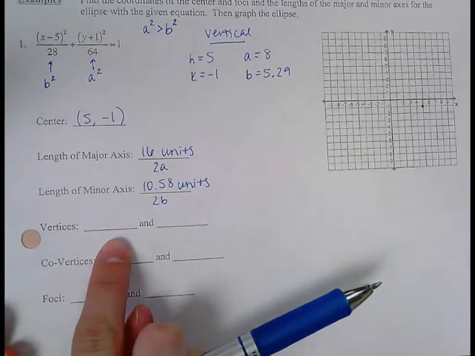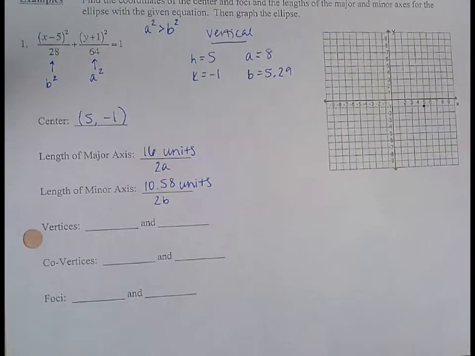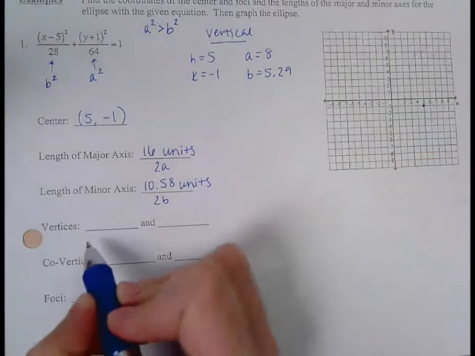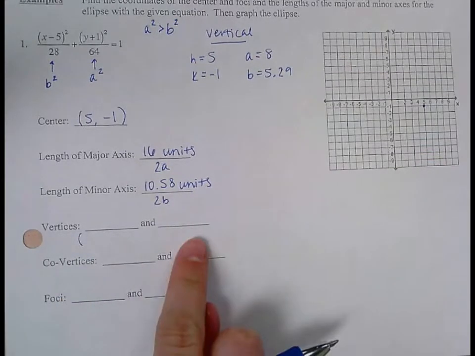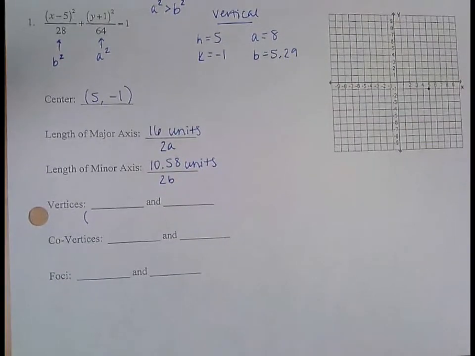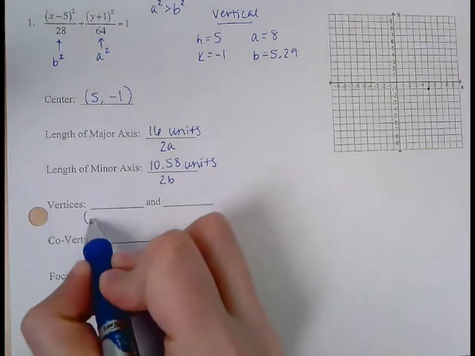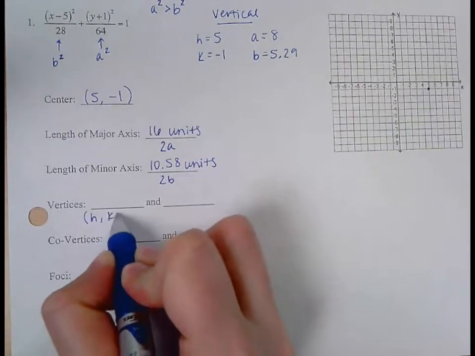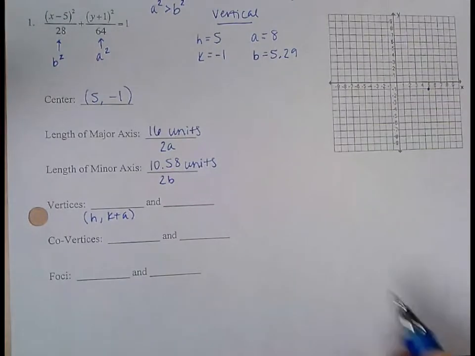So vertices, if the ellipse is vertical, I'm just going to write the formulas on here underneath. You wouldn't have to. I just want you to see where everything's coming from. These are off of your graphic organizer. So the top vertex, since the vertices will be up and down if it's vertical, is the ordered pair H and then K plus A for the Y value.